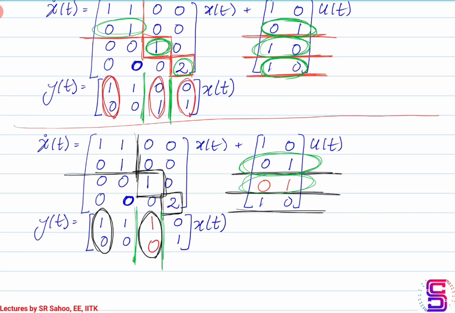In fact, for the systems that we have discussed, verify the claims of controllability and observability by checking the corresponding controllability and observability matrices as well. So we'll stop here. Thank you.